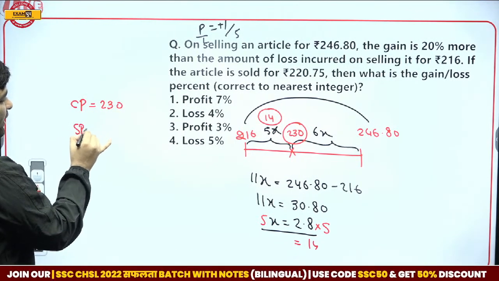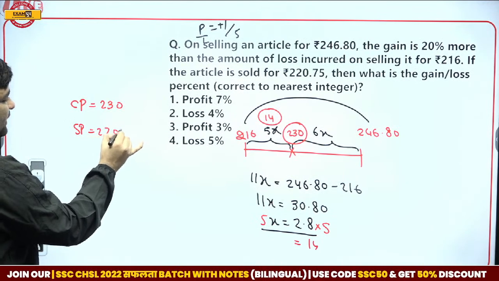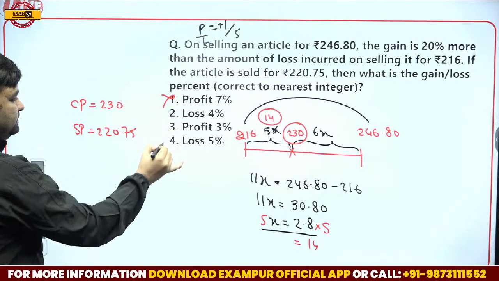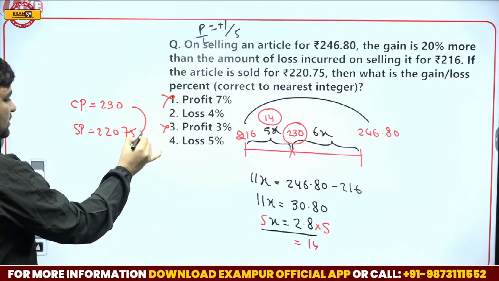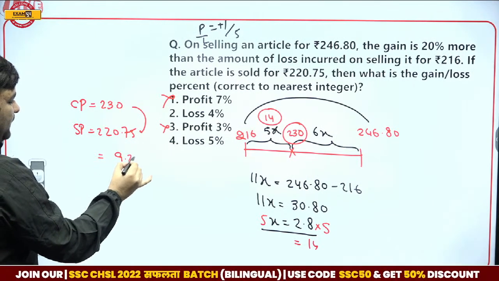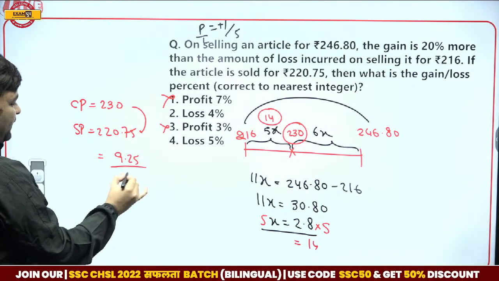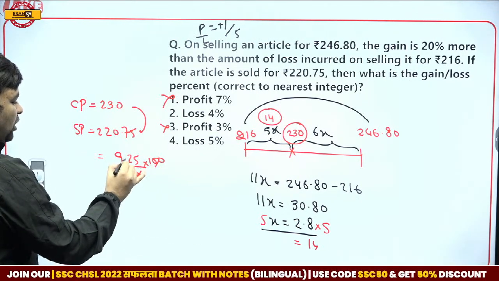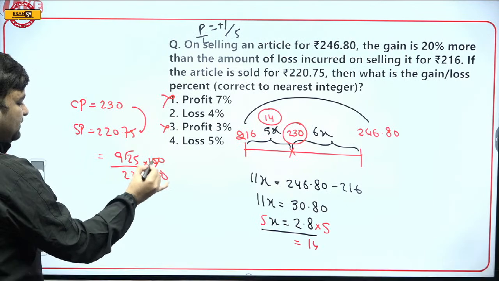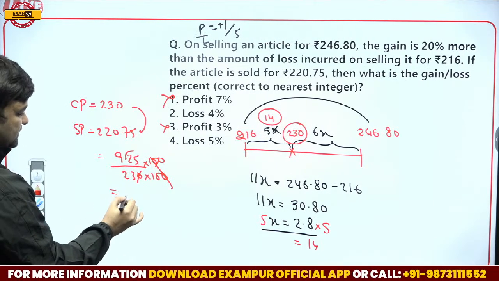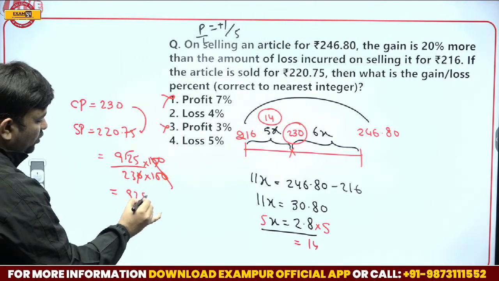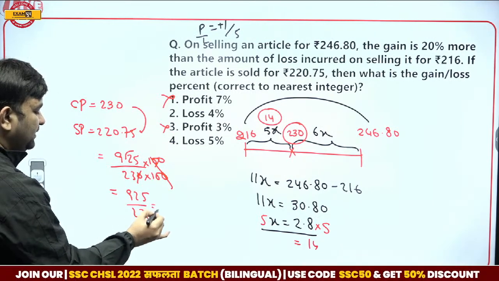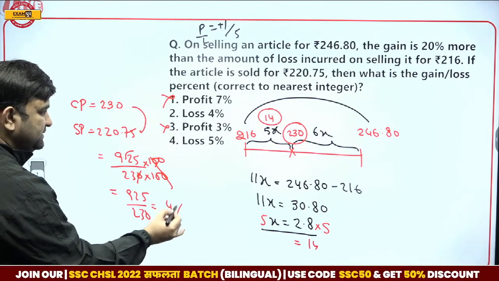When you sell it for 220.75, there is definitely a loss of rupees 9.25, over 230 into 100. Now you have to closely observe whether it is 4% or 5%. So 925 over 230 is, I think, not 4%.